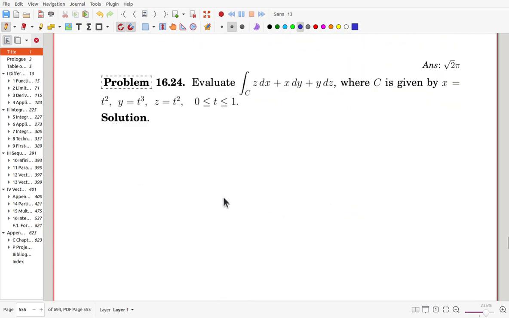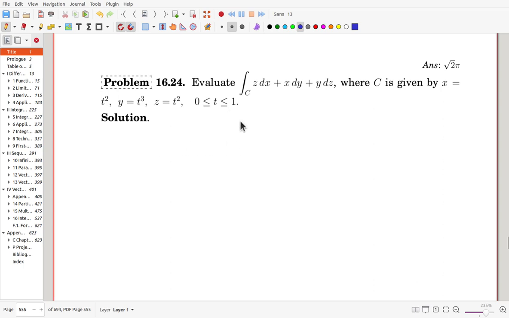Let's go to another problem. Evaluate this integral where C is given by x is t squared, y is t cubed, and z is t squared. T is moving from 0 to 1. Okay, this problem is quite easy.